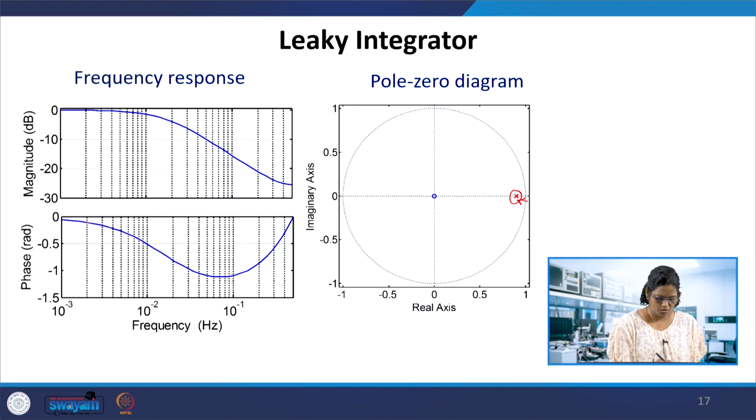The phase response is also shown here, and as I told you, this is 0.5 and here it will be moving to 0. It is plotted from 0.001. So, this is the phase characteristics of the leaky integrator.